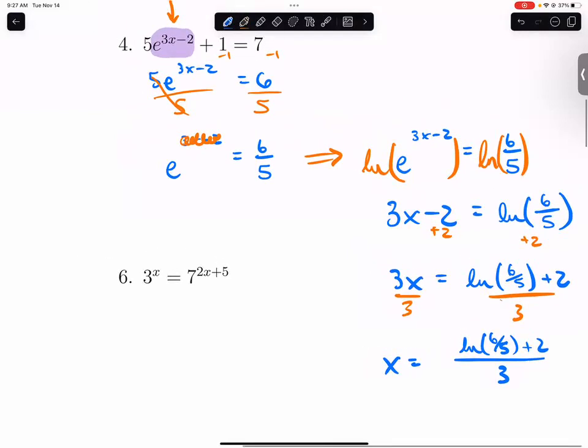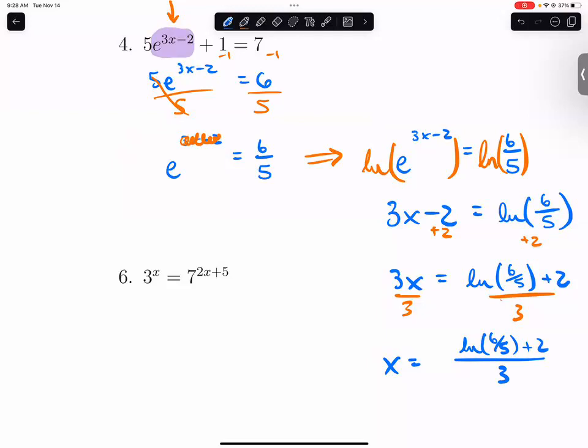But once you get things copied down, if you step back a little bit and look at what we did, a couple of steps were like linear solving, just move stuff from one side to the other, right? We subtracted 1, we divided by 5. We took a log to get rid of the exponential, right? Again, that's the key thing.